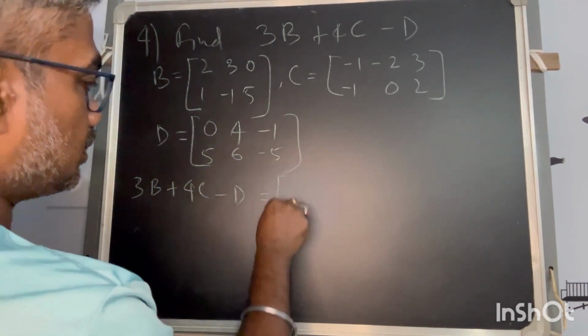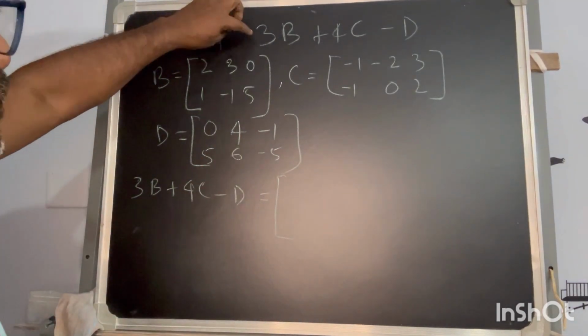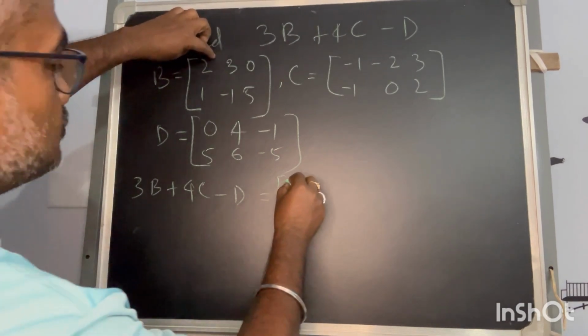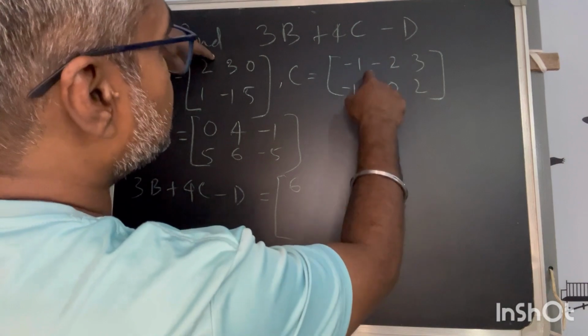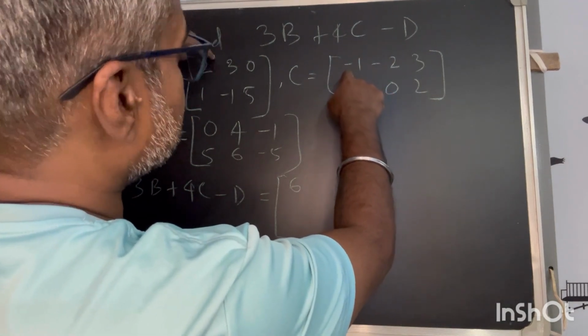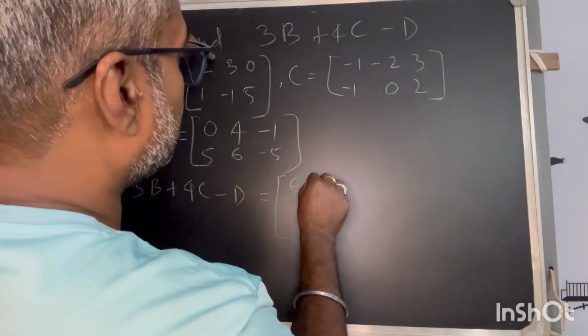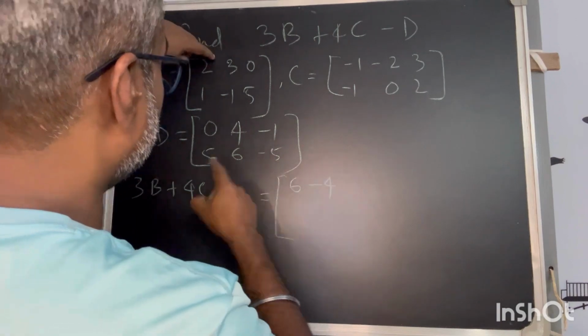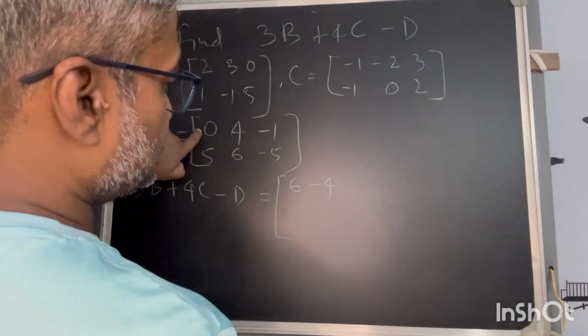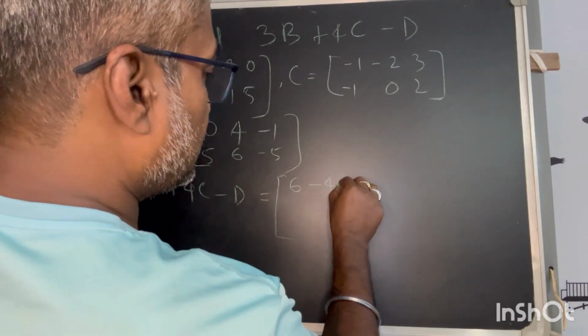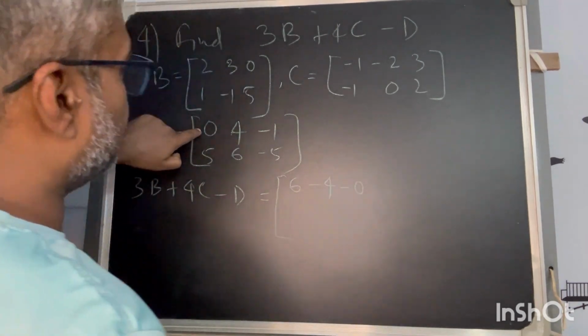Come with me and just follow. 3 will be multiplied with all the elements, so this will be 6. Now 6 with the 4c. 4c means c is this, 4 into minus 1, minus 4. Minus 4 will be added because we are doing add, then minus of d. Minus of d here is 0, so nothing. I am writing minus 0 for the sake of writing.